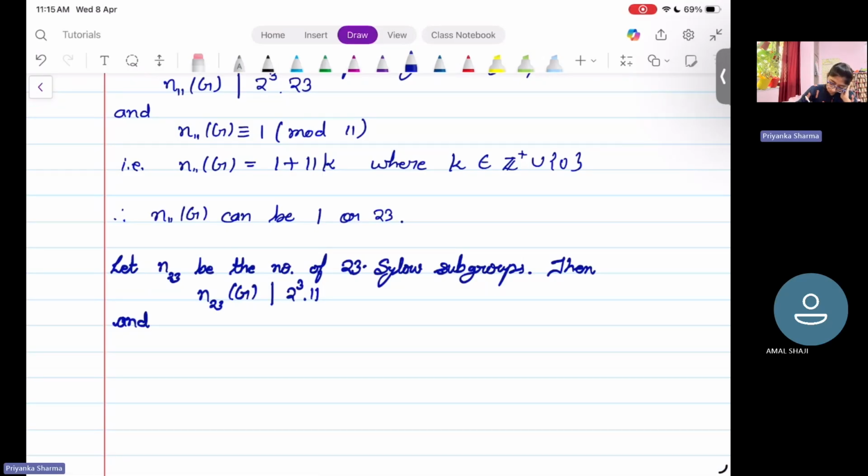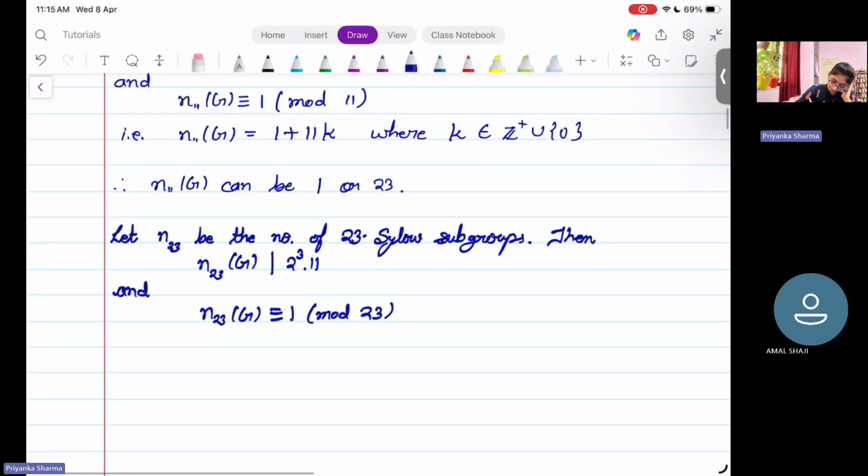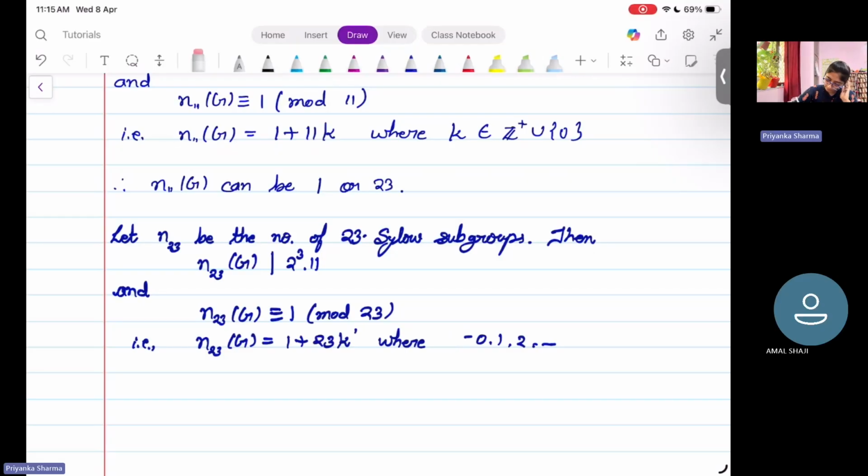By Sylow's third theorem, we will have that n23(G) will be congruent to 1 mod 23. That is, n23(G) will be 1 plus 23k', where this k' can be 0, 1, 2, or any non-negative integer.